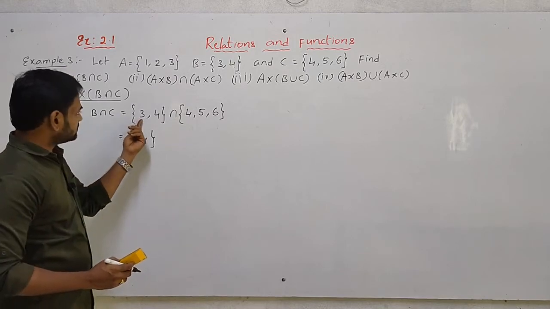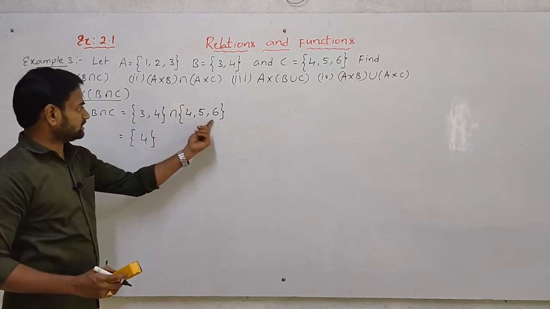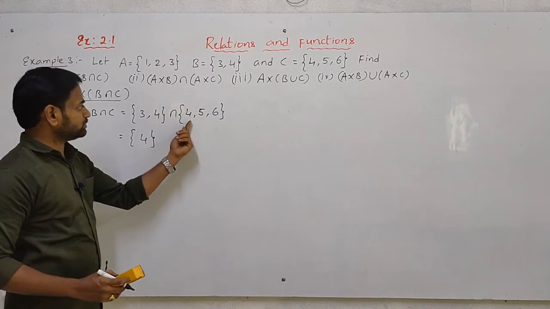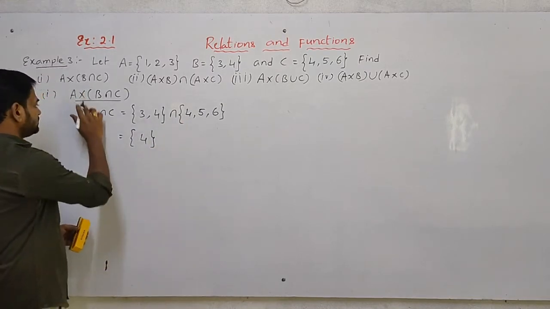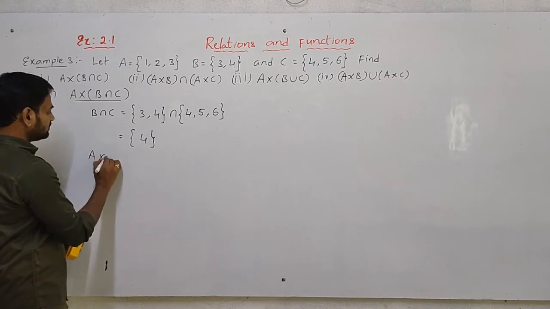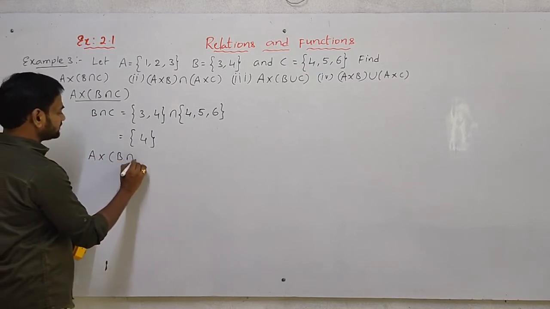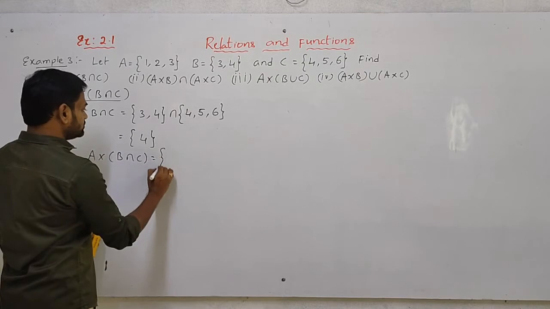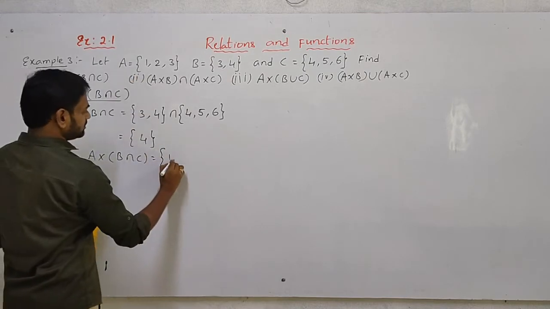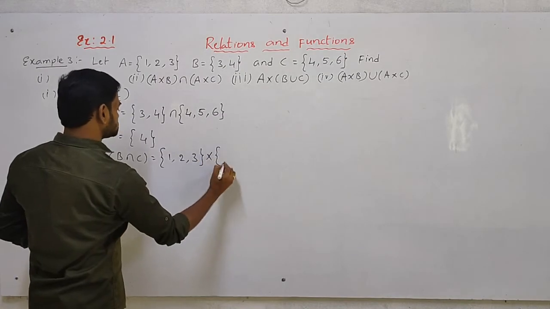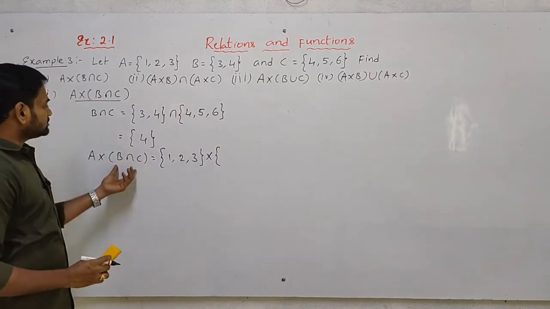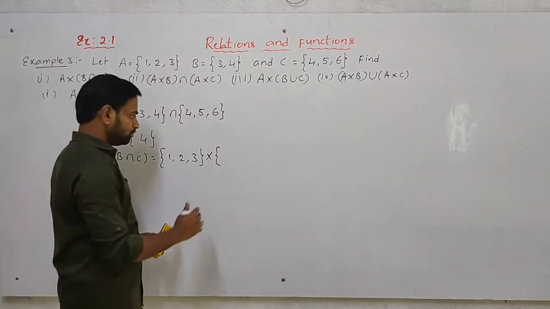See once here. 3 is there, there is no 3 here. 4 is there, yes, here 4 is there. 4 is the common element. Next, take A cross of this one: A cross of B intersection C. So A is {1, 2, 3}, cross B intersection C is the set {4}.